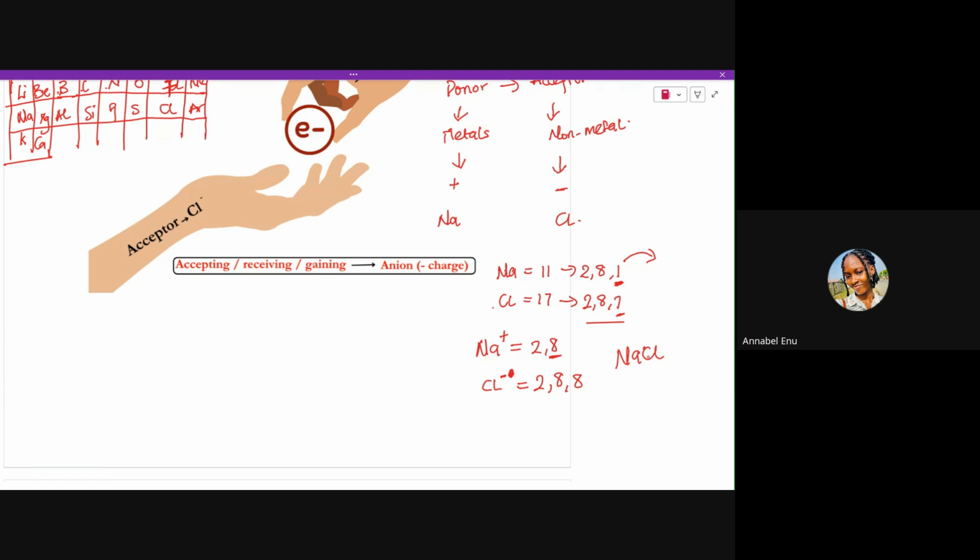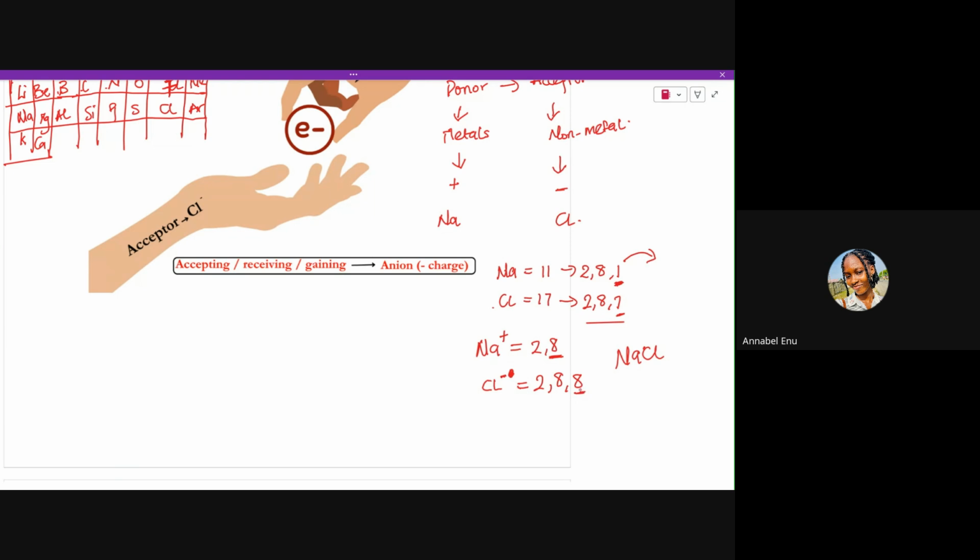Sodium has to give it to another element like chlorine, who is ready to accept one. So sodium will readily bond with chlorine because the both of them help each other to be stable, to achieve the octet rule. When they donate and accept, their outermost shell is now completely filled, which is 8 and 8.